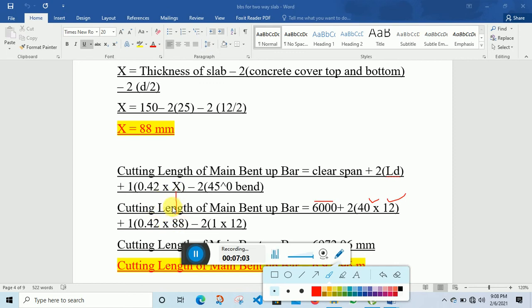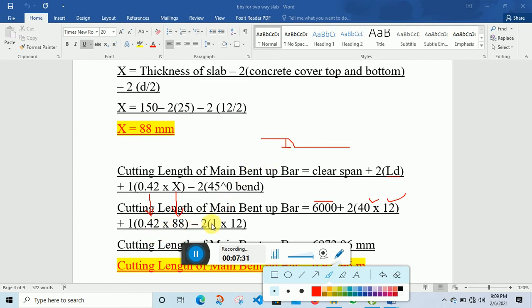This is the formula if the bar is like this. We have to find this length only once, therefore I take 1, and 0.42 as the constant, and we will multiply x with this number, so we get the overall bend from here to here from this formula.